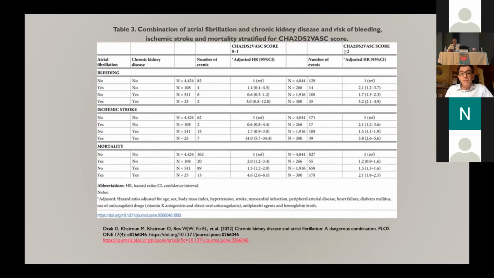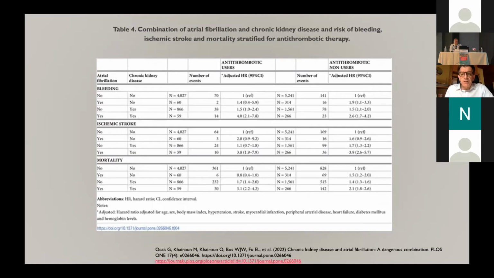The same is true if we use the CHA2DS2 score. Again, chronic kidney disease with atrial fibrillation means higher bleeding, stroke, and mortality. This tells us that the population we're discussing is very difficult to manage.